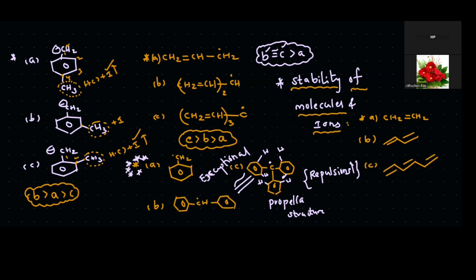In this case, which one is the most stable? So how to identify that? If you observe the given three compounds, normally, if it donates electrons, this one comes to here, and this one comes to here. There is only one double bond. If the number of double bonds increases, it is called conjugation.